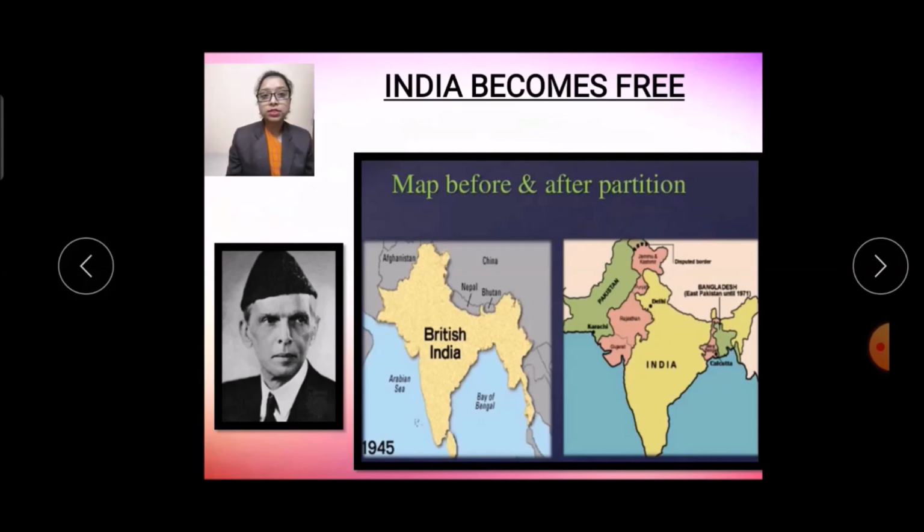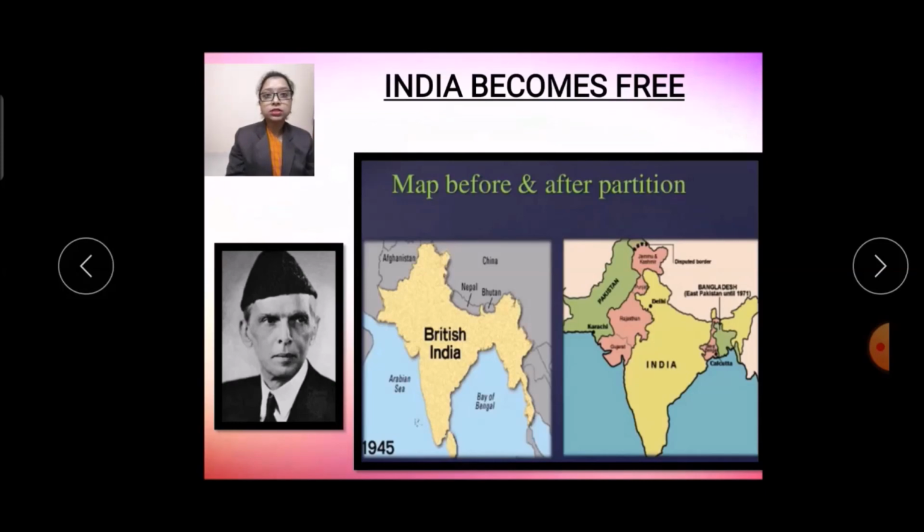When the British started discussion with the Congress and the Muslim League, they used the divide and rule policy, and they were successful in dividing the Hindus and Muslims. Due to this policy, the Muslim League under the leadership of Muhammad Ali Jinnah demanded a separate nation for the Muslims. But Gandhiji was against the division of India.